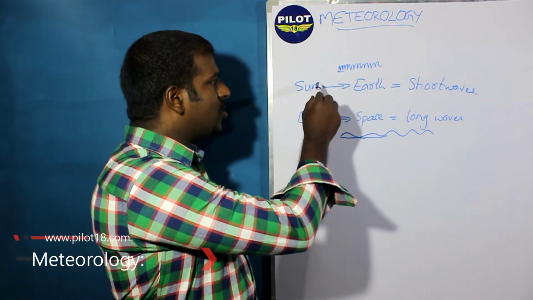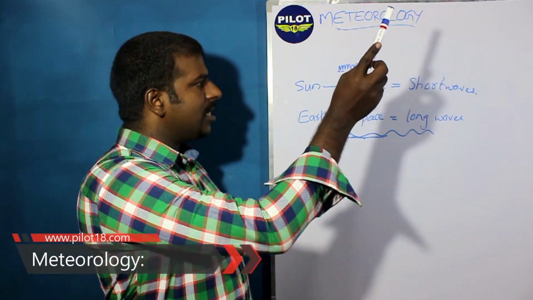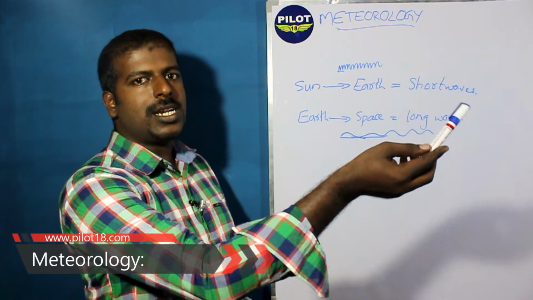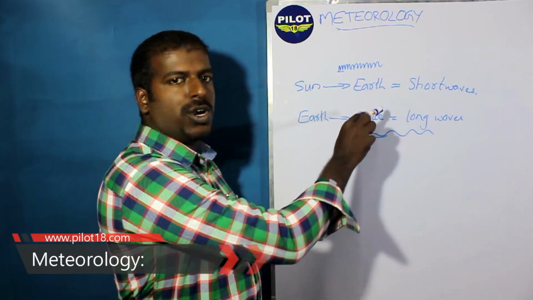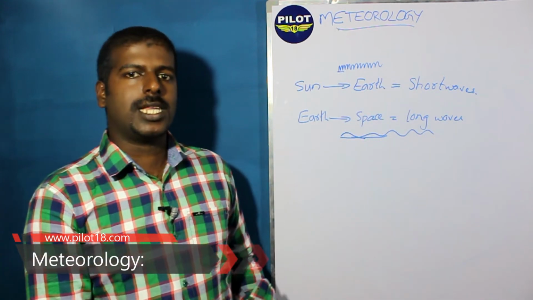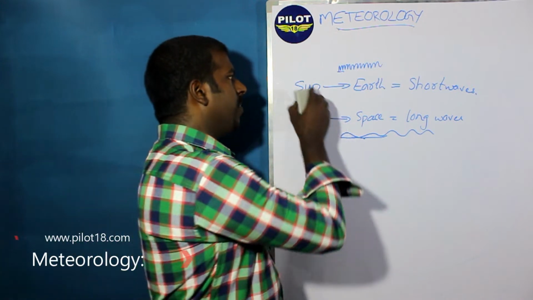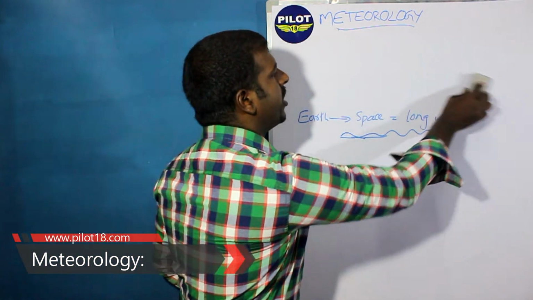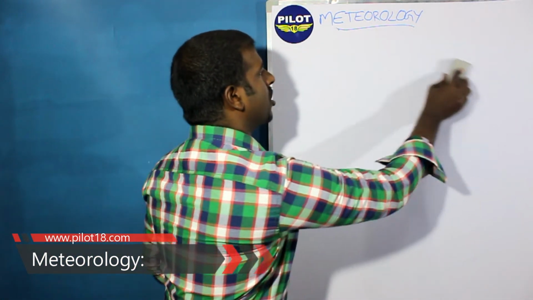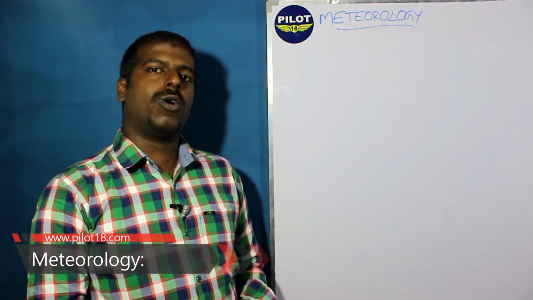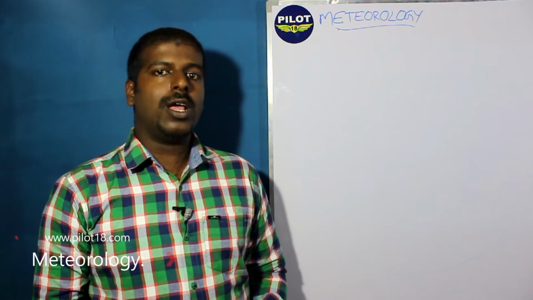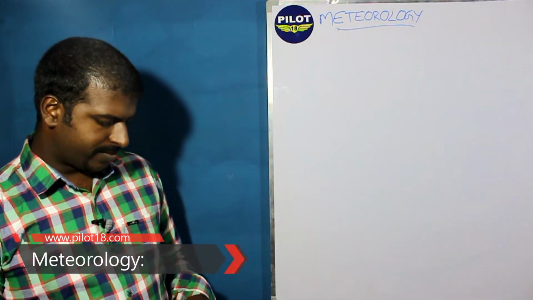And insolation is the incident radiation from sun to earth, which is in the form of short waves, which has more heat energy than terrestrial radiation. Because sun is a hot body and it can emit shorter wavelength waves, and earth is a comparatively colder body and it can emit only longer wavelength waves.